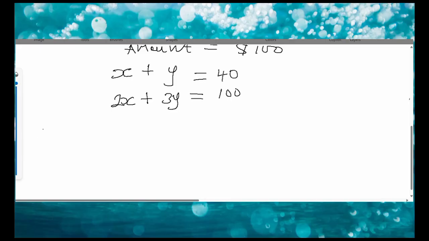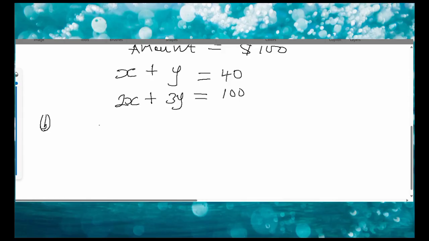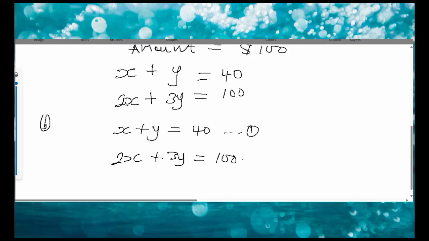And that is B. To solve it, we're going to need to solve the two equations simultaneously. So let's state them. We have x plus y equal to 40. So this is going to be equation 1. Then we also have 2x plus 3y equal to 100. And this is going to be our equation 2.